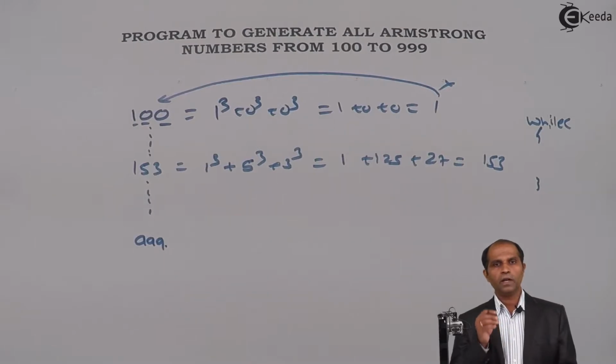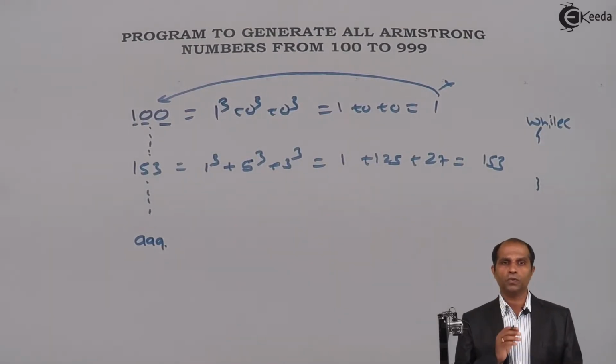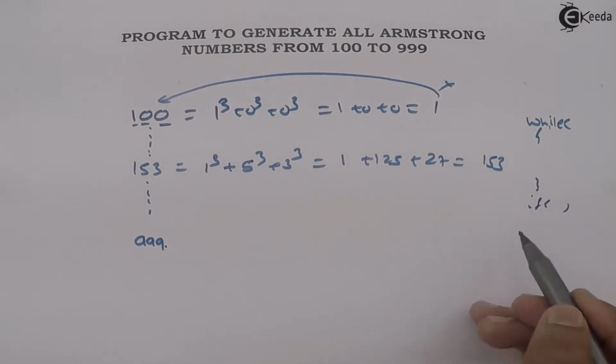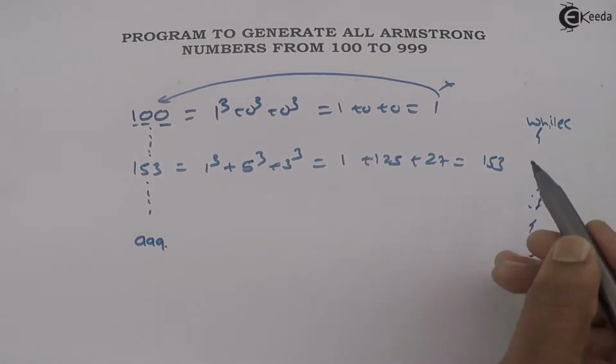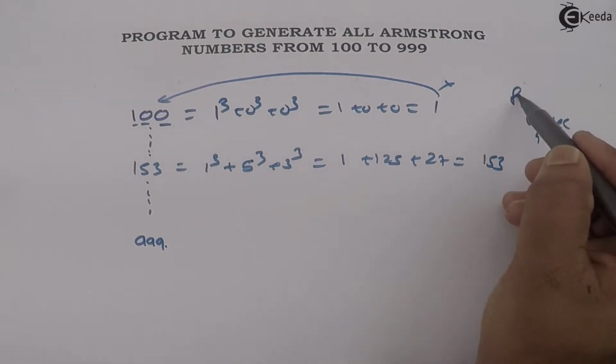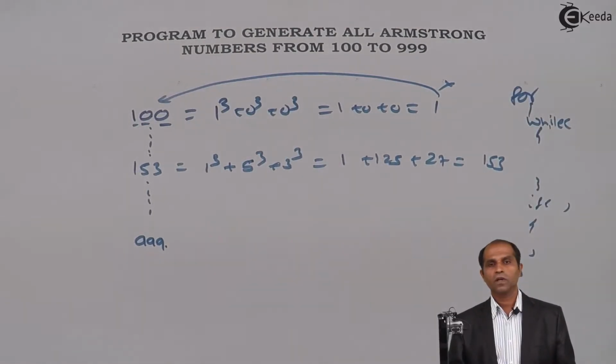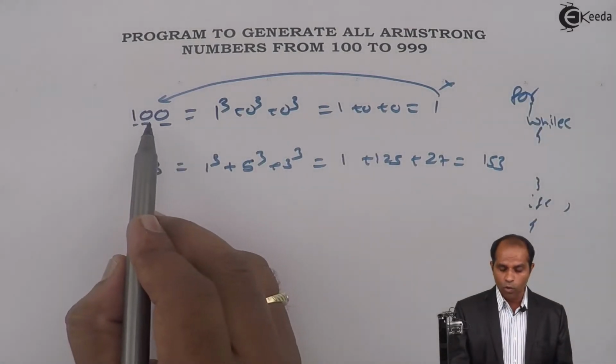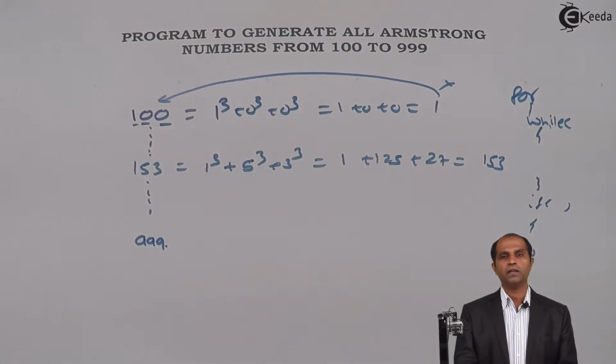A while loop will extract the digits and let you find the cubes. That sum needs to be checked with an if. And this entire section has to be enclosed within a for. Why a for? Because a for loop will provide all the numbers from 100 to 999.